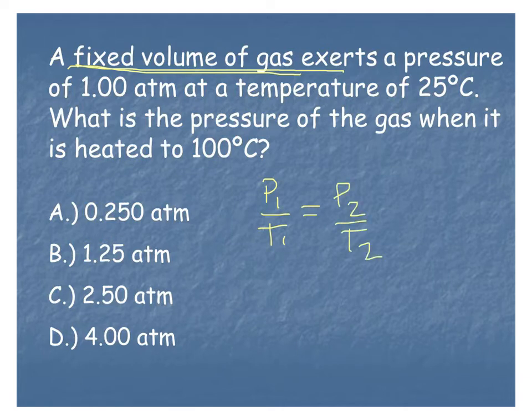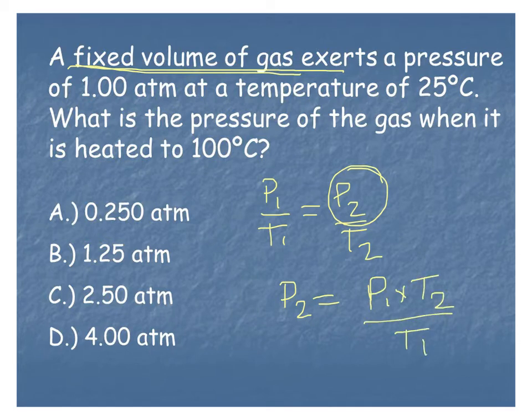We're looking for P2, so P2 equals P1 times T2 over T1. And don't forget the T's here are going to have to be in K.